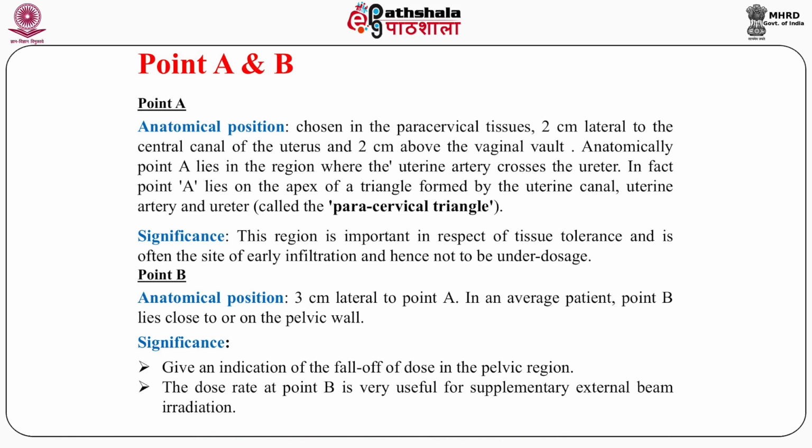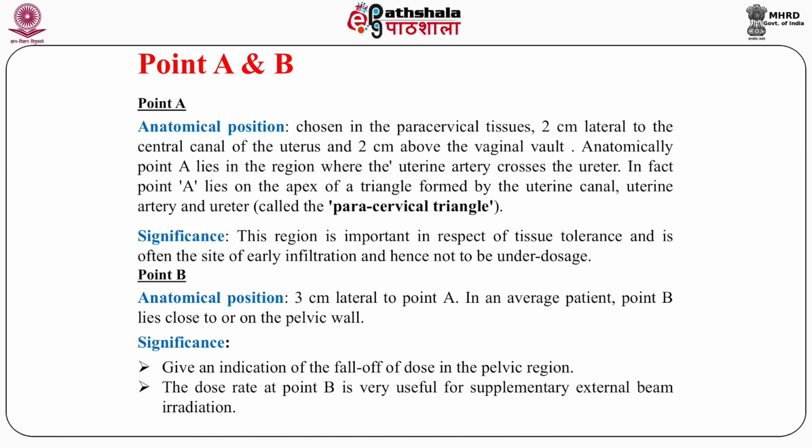The position of point A is chosen in the paracervical region, in the paracervical tissues, 2 centimeter lateral to the central canal of the uterus and 2 centimeter above the vaginal vault.